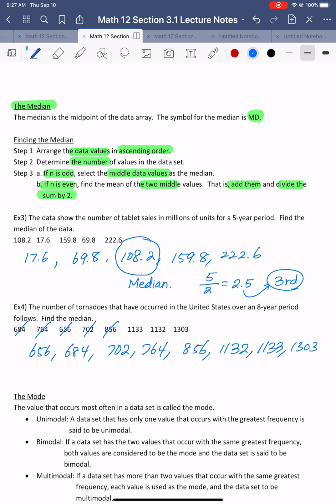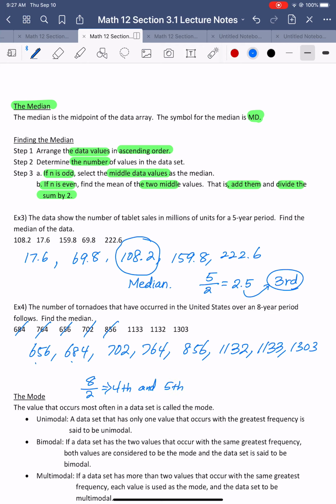Okay, all right. So now how many numbers? We got 1, 2, 3, 4, 5, 6, 7, 8. So there are 8 numbers, and an even number means there are 2 middle points. So what I do is I take 8 and divide by 2, which makes 4. Because it's an even count, you need to find the fourth place and the fifth place numbers.